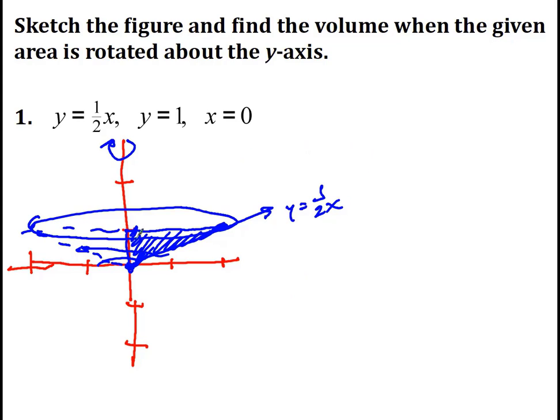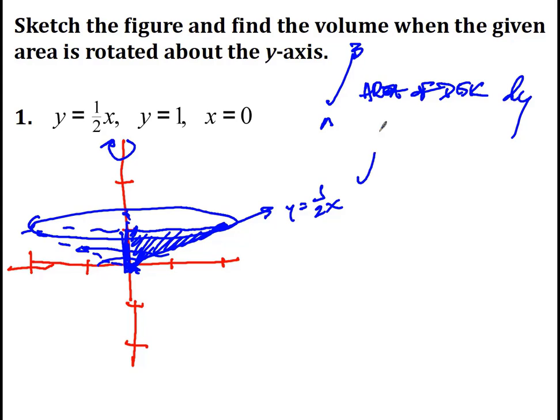So, our A and our B values, our limits of integration. First off, because the entire region is touching the y-axis and revolving about the y-axis, it's going to be the disk method. So it's going to be from a to b, pi r squared dy, because we're revolving about the y-axis.